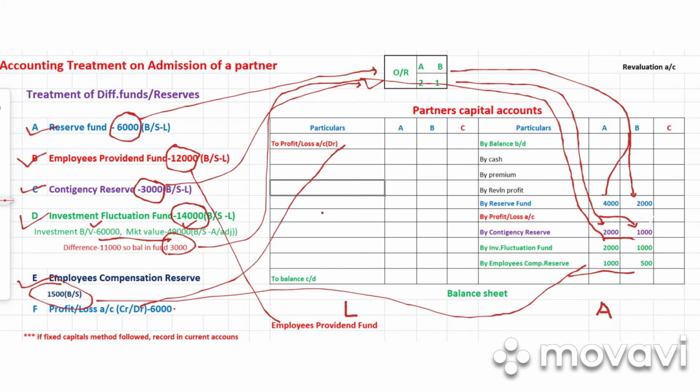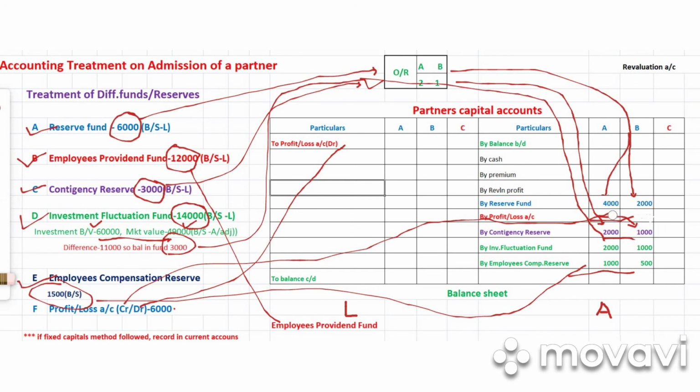If it is a credit balance, you treat it just like any profit: you put it on the credit side. You can see this credit. If it is credit, it will come here and go to A's and B's columns respectively. Okay, you can see it is coming respectively.